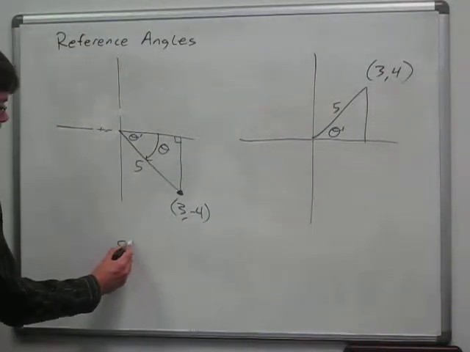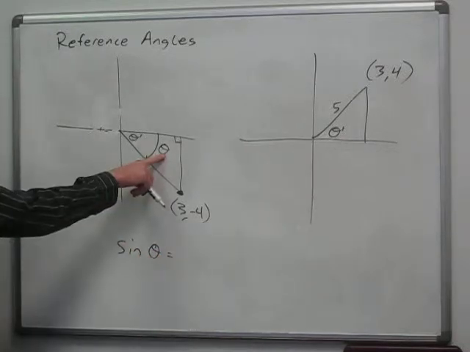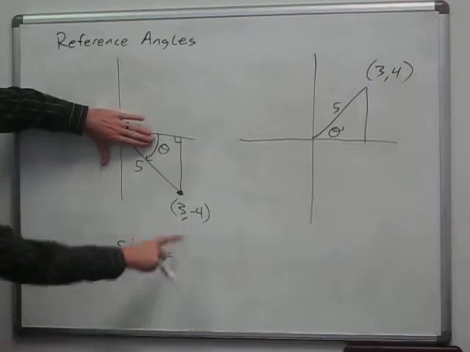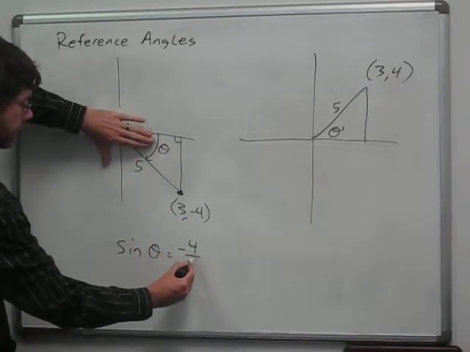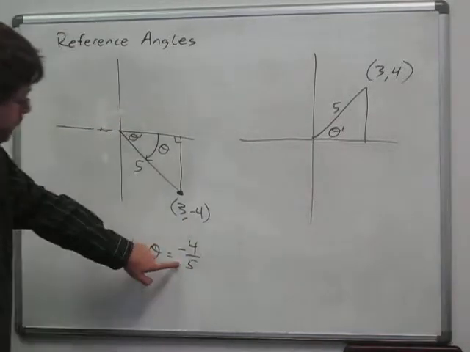So if I wanted to compute the sine of theta, ignoring this reference triangle idea, we would just take the y-coordinate and divide by the hypotenuse, and we get -4/5.